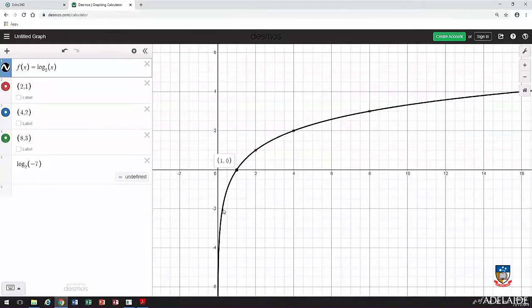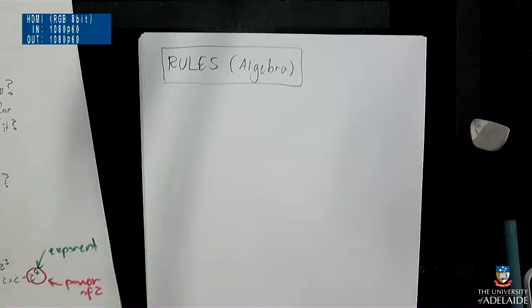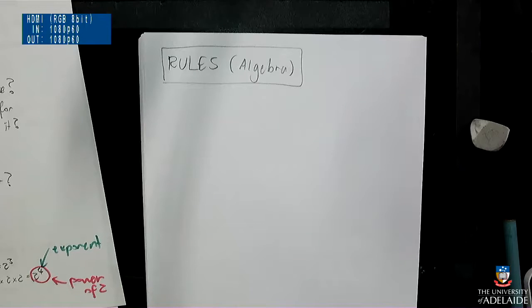All right, so some properties that are useful to know. We're up to how the rules work. So the first rule is that if you keep adding the same thing, you keep multiplying the same thing when you do an exponential, and it's the reverse when you do a logarithm.